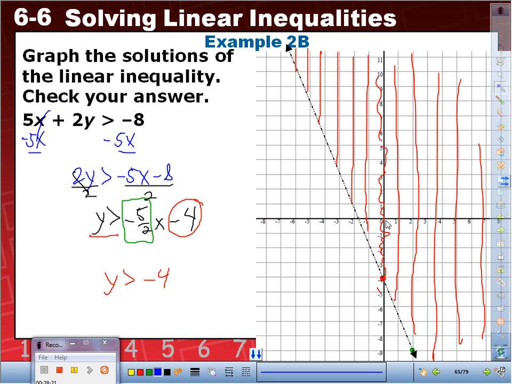So I'm going to pick 0, 0, and substitute in here. So I got y greater than negative 5 over 2x minus 4. So this is 0 greater than negative 5 over 2 times 0 minus 4. This becomes 0. So is 0 greater than negative 4? Yes. True, because this point is on the shaded region.